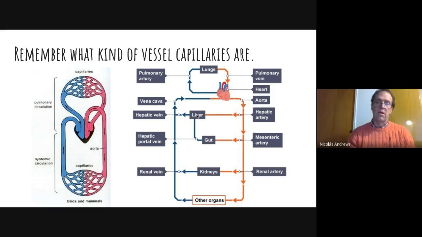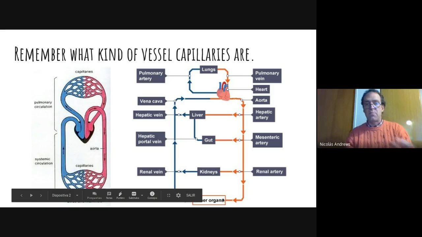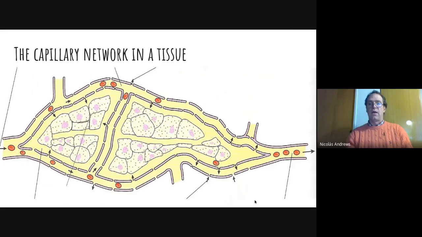The artery brings blood to the liver, the capillaries branch out inside the liver, right? And then they collect into veins. The same happens in the gut, that is the stomach, the intestine. It happens in the kidneys, and it happens in any other organ where there are living cells.